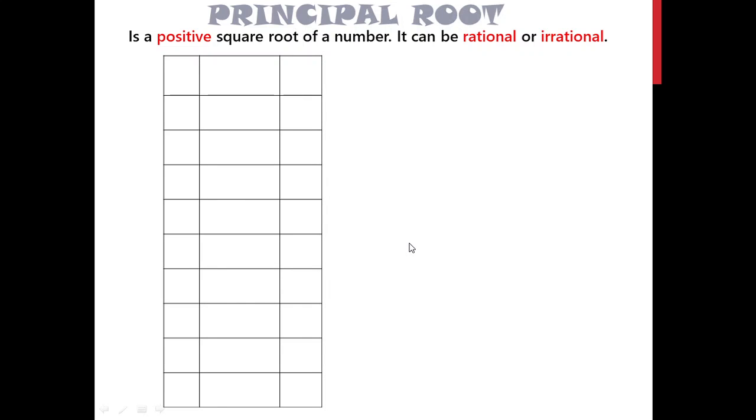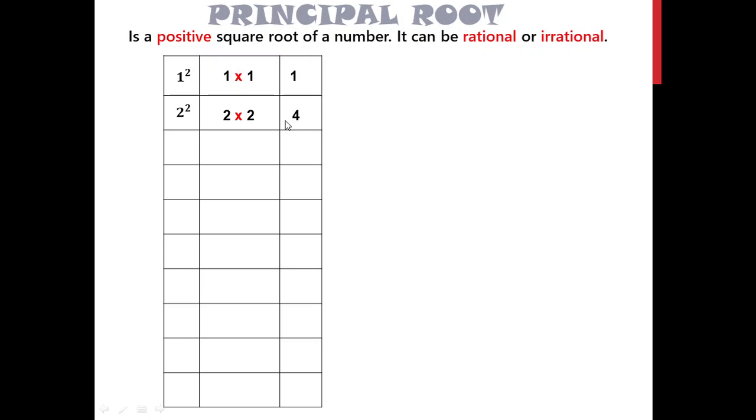Let's start with the square of 1. So 1 squared is the same as 1 times 1, and the perfect square of 1 is 1. Next, 2 squared. It's the same as 2 times 2, therefore that is equal to 4.